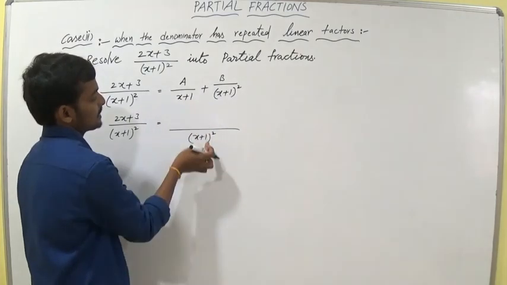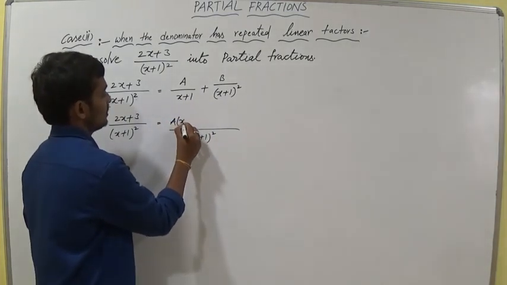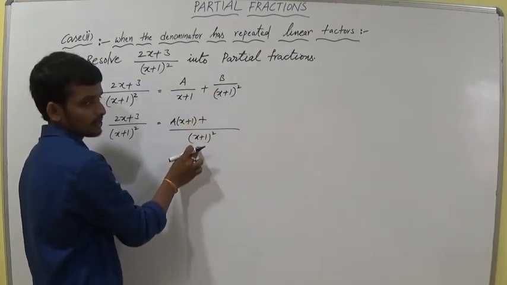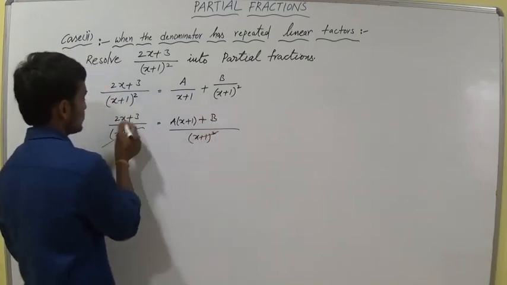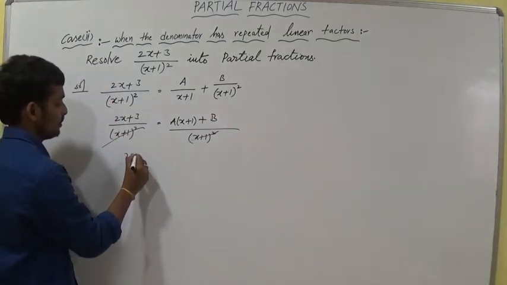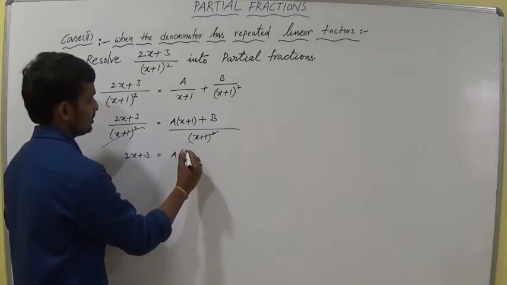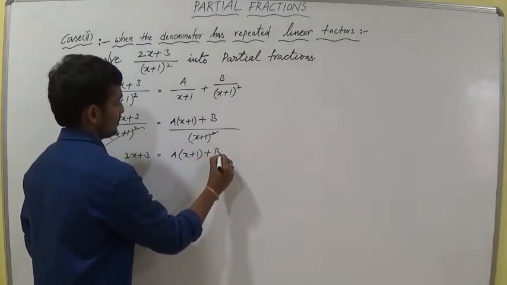So x plus 1 whole square cancels with x plus 1 whole square, x plus 1 times. So a into x plus 1 plus b. Those cancel. What are you getting? 2x plus 3 is equal to a into x plus 1 plus b.